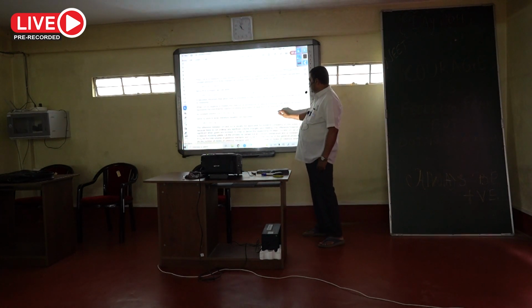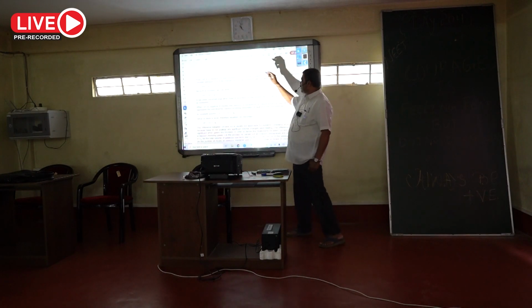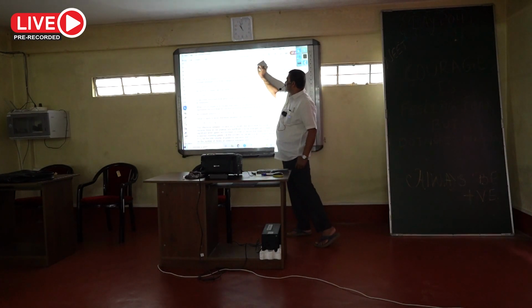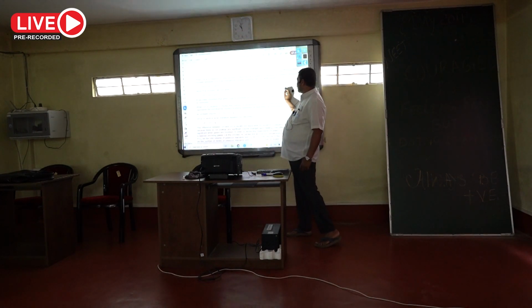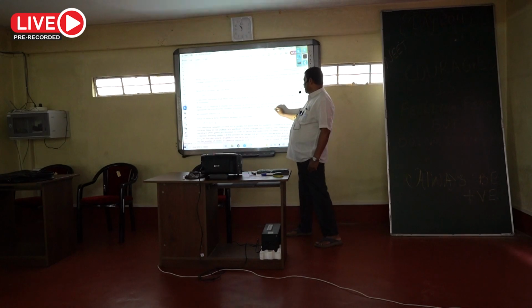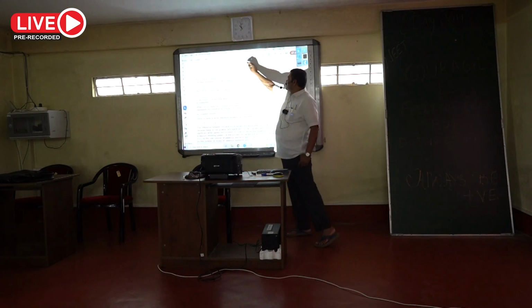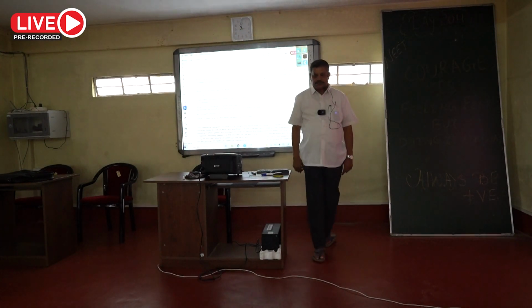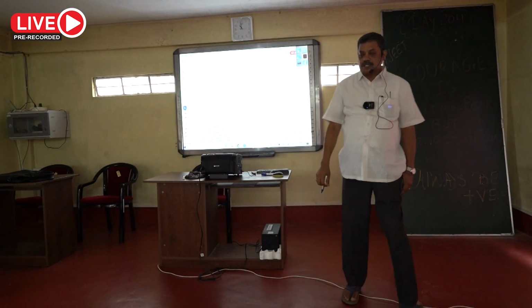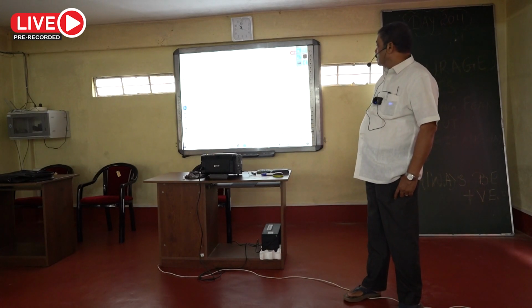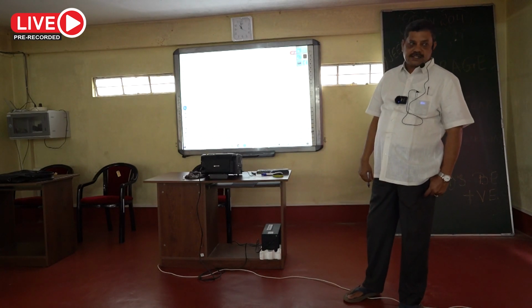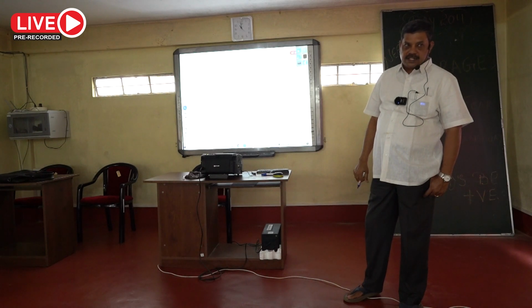So substituting this here, delta H is equal to delta U plus, in the place of P delta V, I can write this form, delta Ng RT. Most important relation: delta H is equal to delta U plus delta Ng RT.